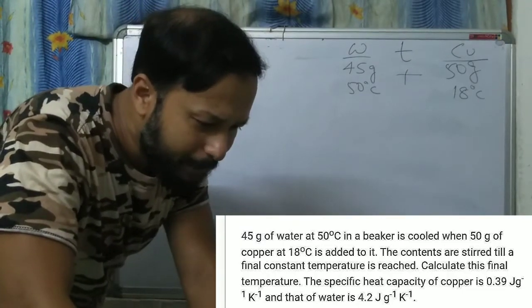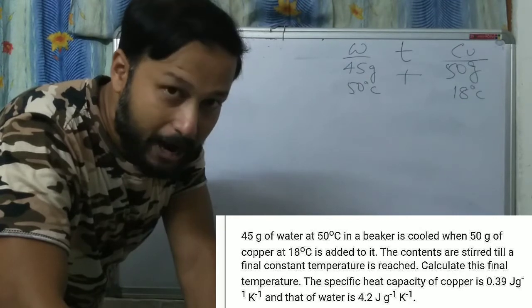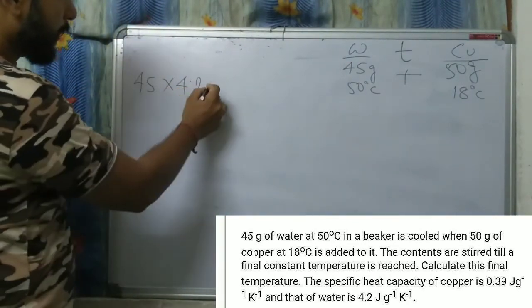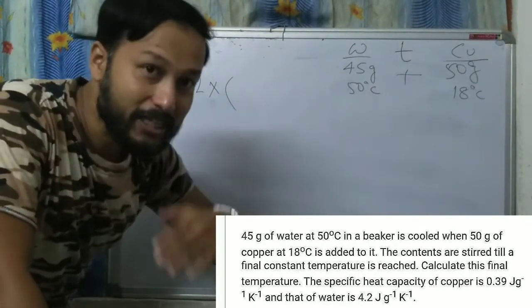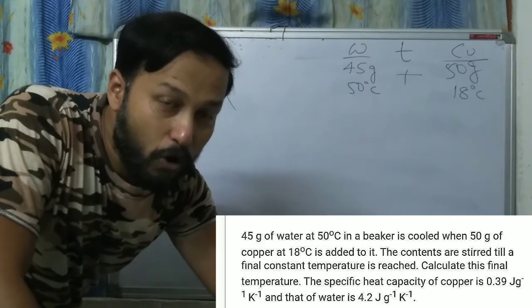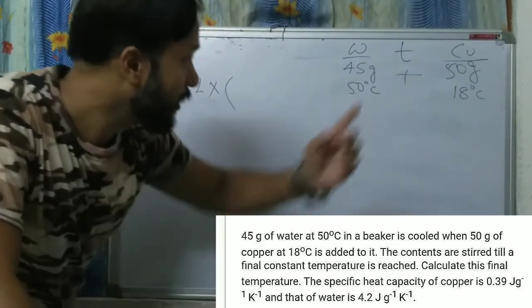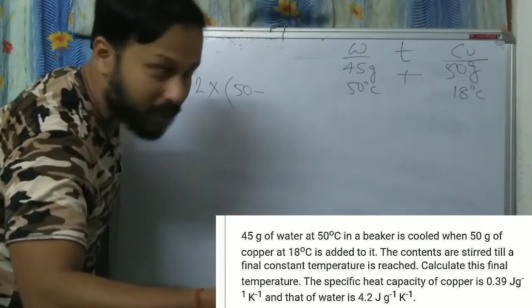What is the specific heat capacity of water? That is given, 4.2 joule per gram per Kelvin. So 4.2 into, who is giving heat? Water is giving heat, so the temperature of water will be written at first. What is the temperature of water? 50 minus final temperature T.